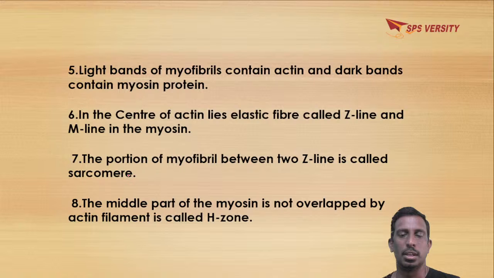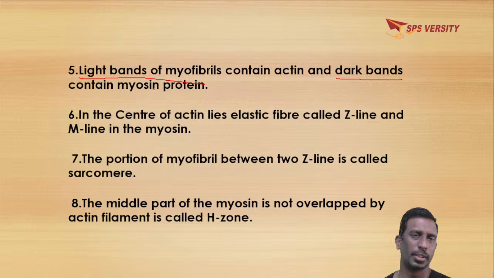And when you come to the myofibrils, that is the filaments of the muscle fiber, there are light bands and dark bands, which are thin and thick. The light bands contain a protein called actin.